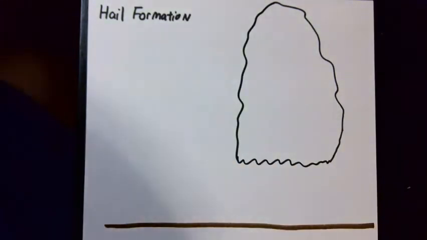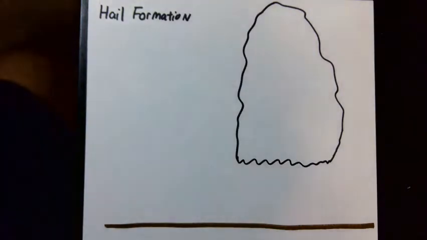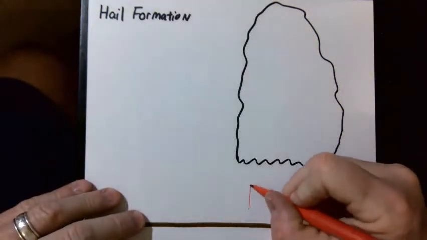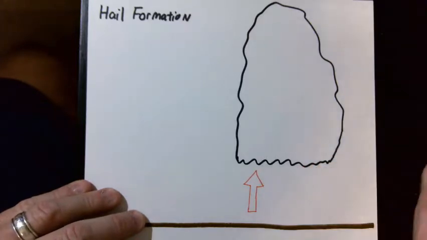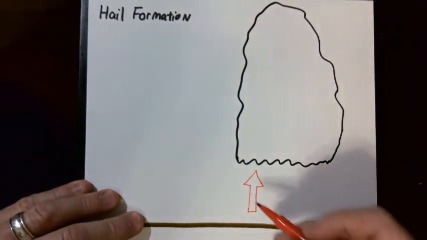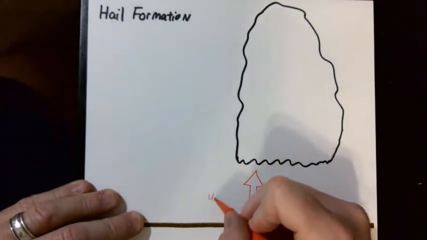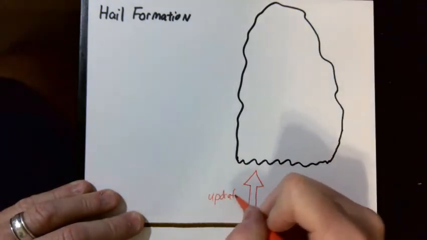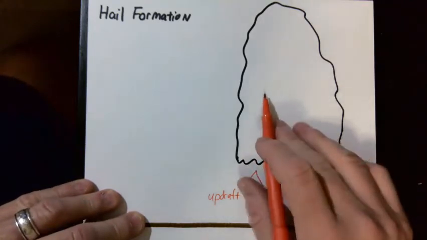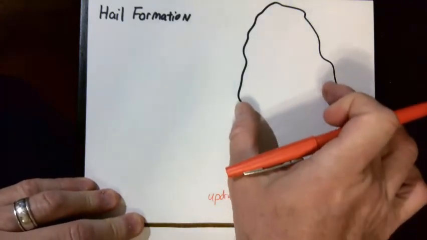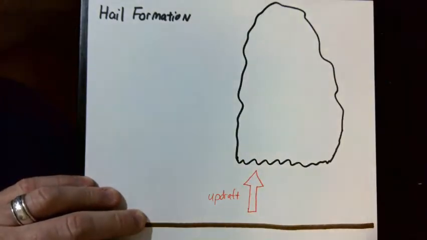This happens when the clouds suck in a lot of air, and we've got air just being pulled into this cloud. This is what we call an updraft. So the air is going up and it's taking the water up and it's making this cumulus cloud grow bigger and bigger and bigger.